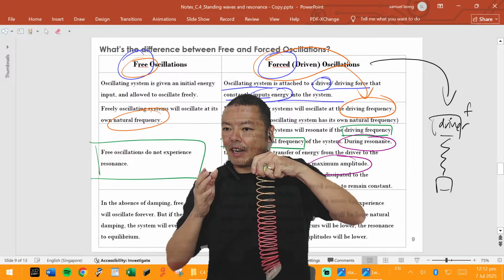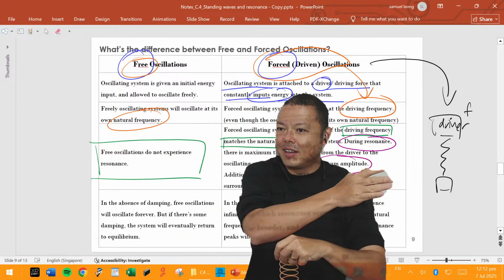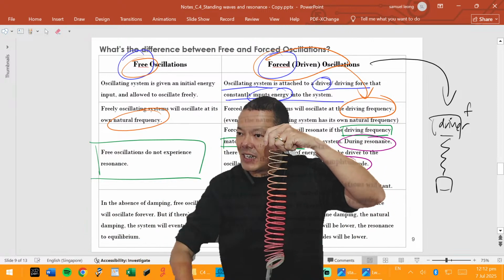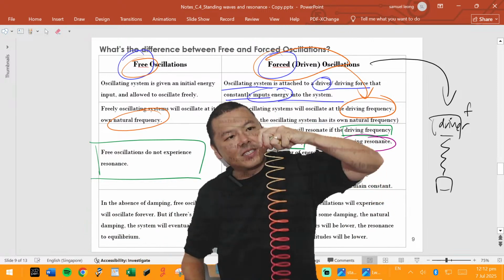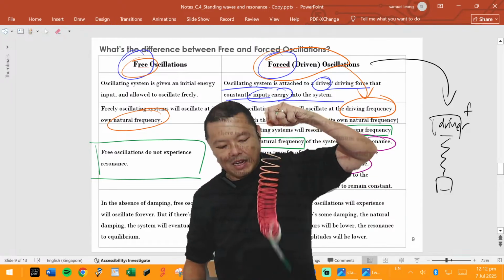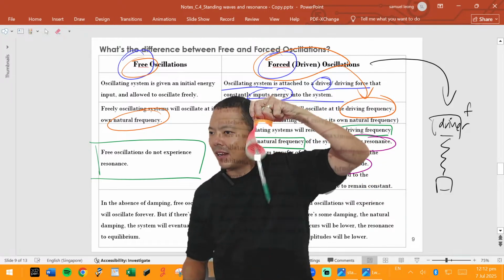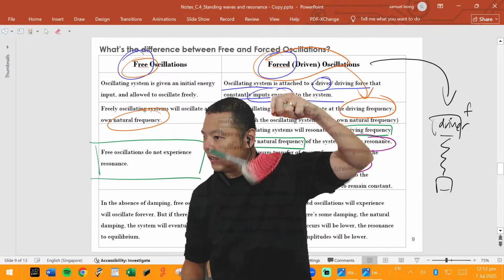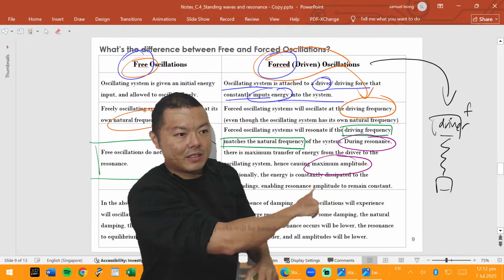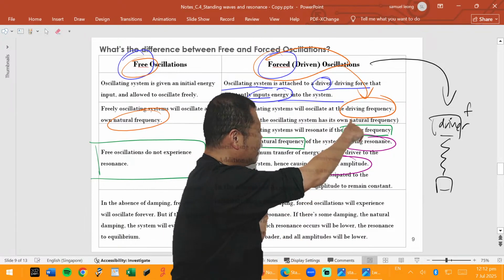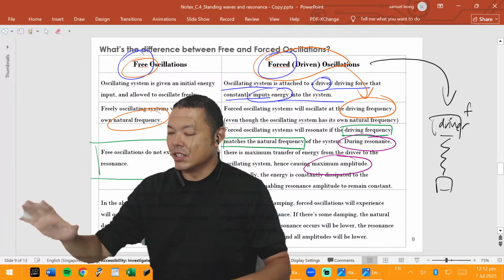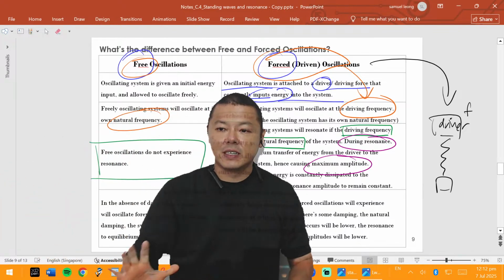So it's not like the higher the frequency you go, the more amplitude you get. It must match the natural frequency. At some certain frequency of my hand, I don't know how much that is, my spring is doing this mad amplitude bouncing thing. So for forced oscillations, the driving frequency must match the natural frequency. Too low, no resonance. Too high, also no resonance.